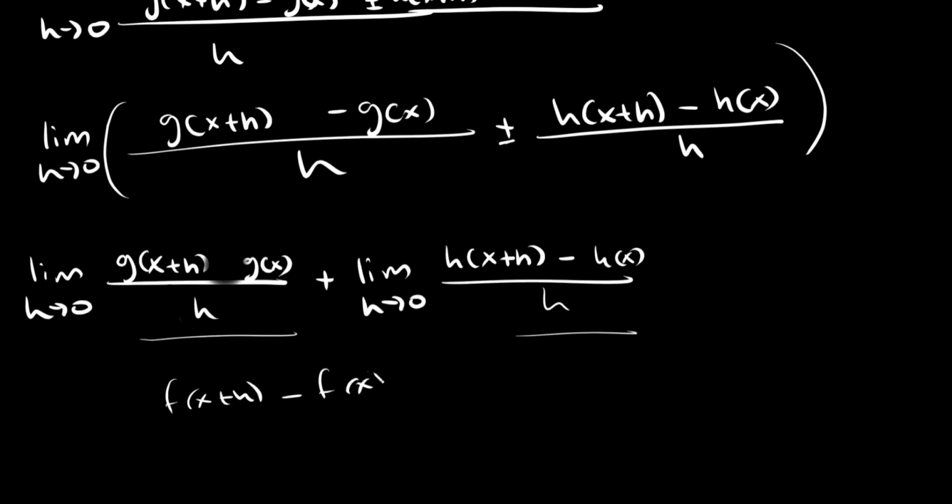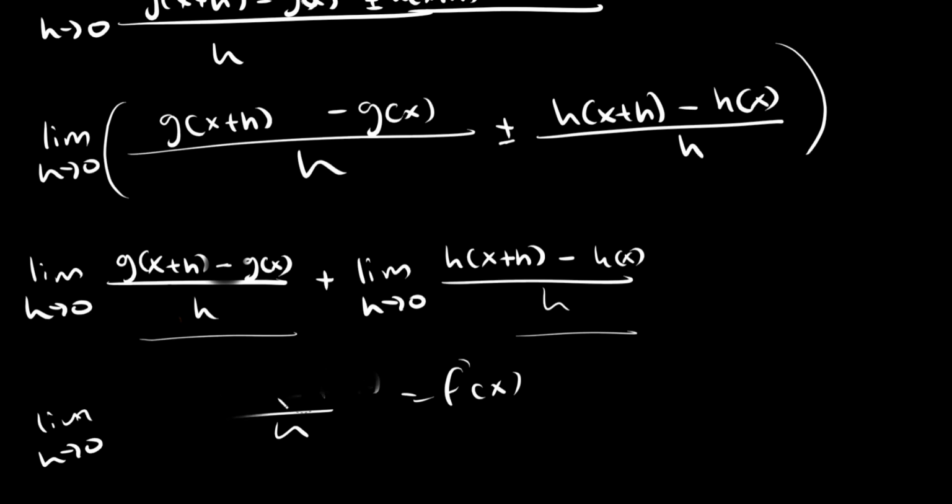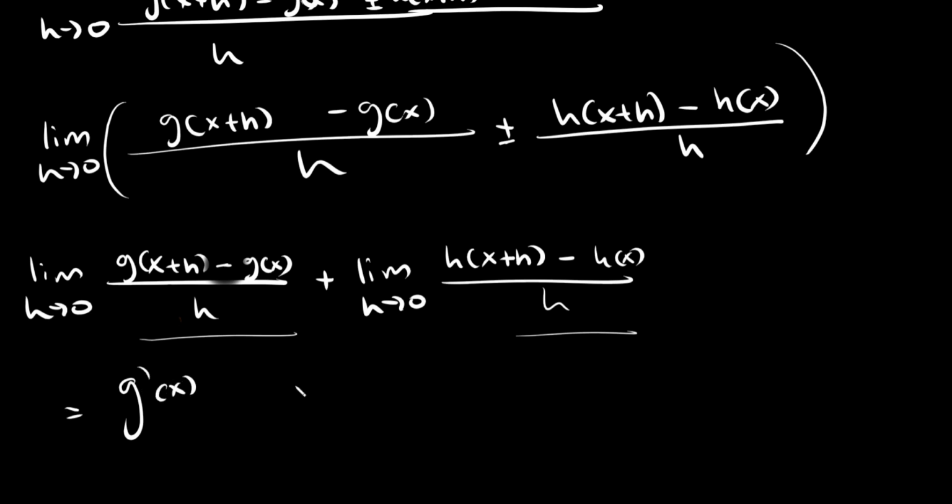If my limit as h approaches 0 of f of x plus h minus f of x divided by h gives the derivative f prime of x, then g of x plus h minus g of x divided by h gives g prime of x, plus the same thing with h, h prime of x.